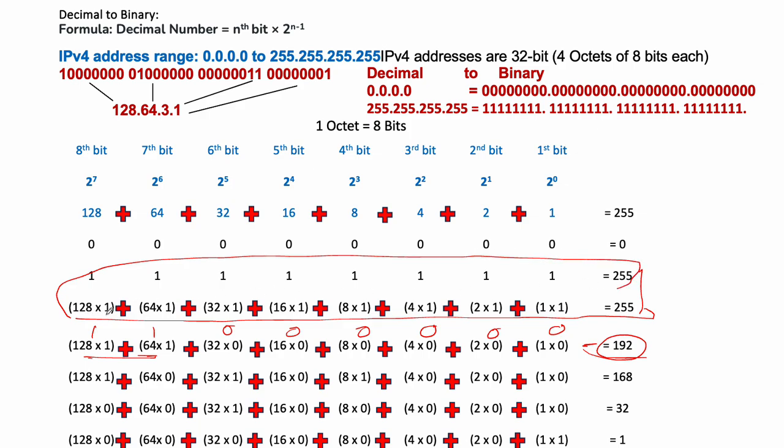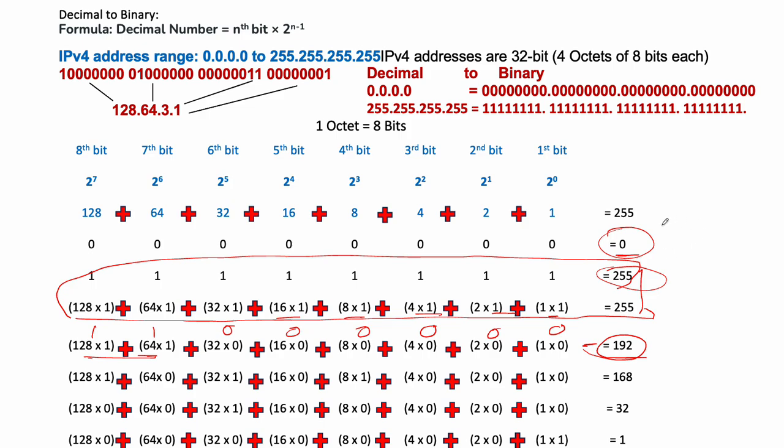If you see here, 128 multiplied by 1, 64 multiplied by 1, 32 multiplied by 1, 16, 8, 4, 2, 1 multiplied by 1. So when you do the sum of all these values, 128 plus 64 plus 32, 16, 8, 4, 2 plus 1, that is 255. So memorize these two things, right? When you need 0, it's all 0. And when your value is 255, that means all 1.